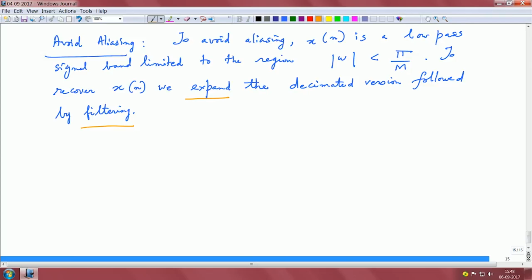So if you have a downsampled signal, say from minus pi upon 3 to plus pi upon 3, there are other copies. You will stretch this to minus pi to plus pi, and of course there will be copies, and therefore you have to account for those. If it is 2 pi periodic, all these copies will overlap into the baseband and you get the signal here.